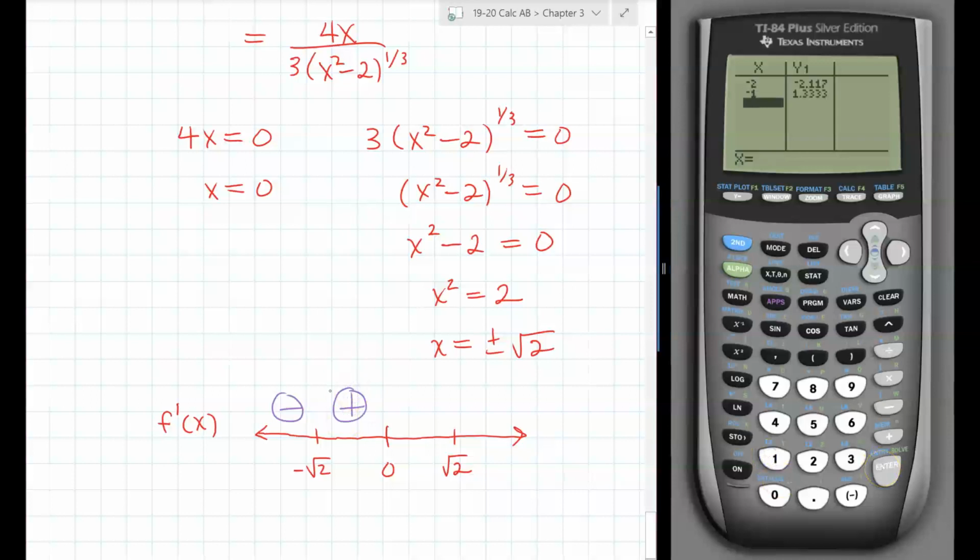Then I'm going to plug in a positive 1, and my answer is negative. And then I'm going to plug in a positive 2, and the answer is positive. So that means that the original function looks like this. Down, up, down, up.